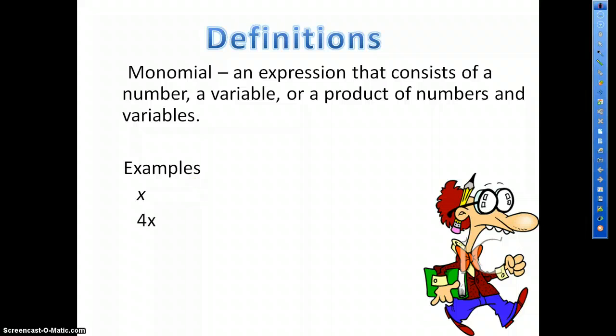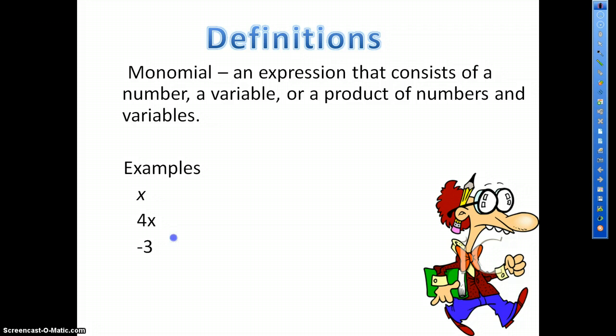Okay, and then you have 4x. Now this is where you have a product of a number and a variable. Your number is 4, the variable is x. When there's no sign in the middle, you know that means to multiply. So the product 4x is written here, and that's considered a monomial. Another monomial could be a number just like -3.